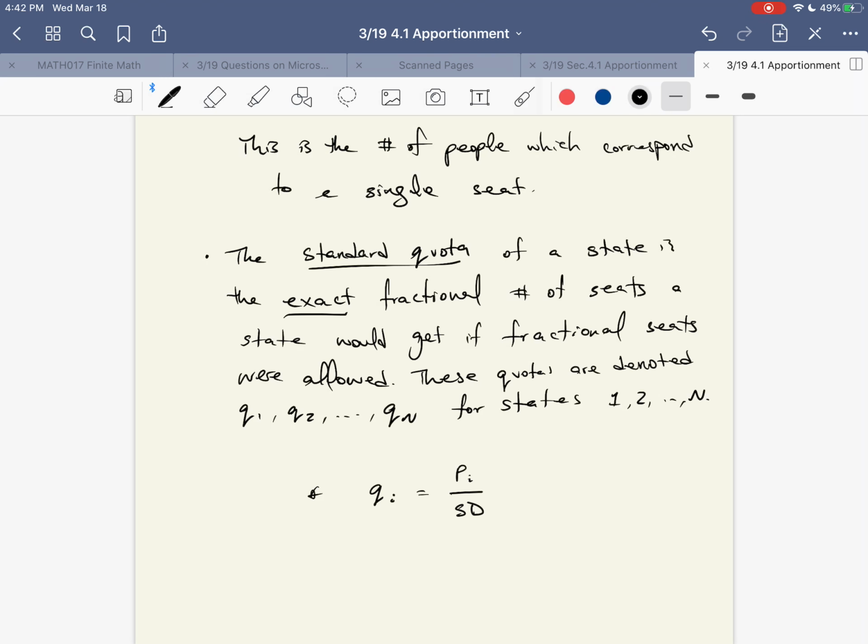And remember, this doesn't mean that we have more than 2 states. It's just saying that for each state, the standard quota, Q sub i, so Q1 is the population of state 1 divided by the standard divisor, which is the same for every state. Q2 is the population of state 2 divided by the standard divisor, etc. Like I say, these are almost never whole numbers.